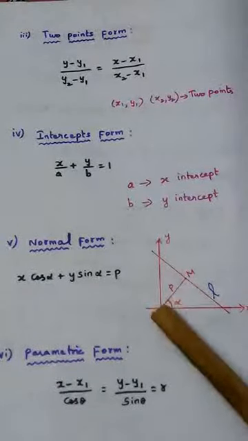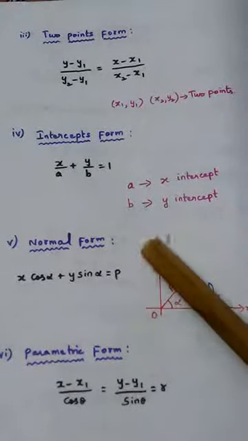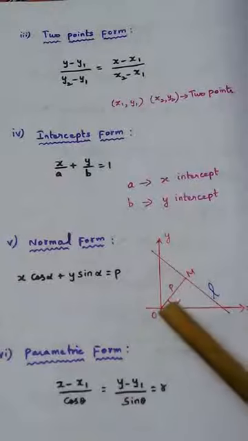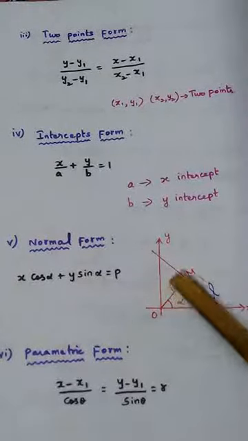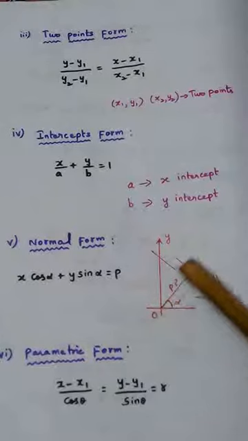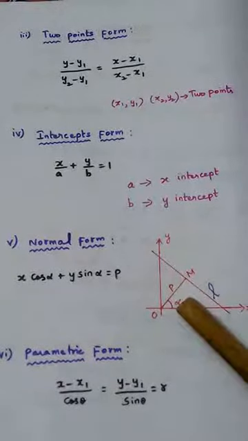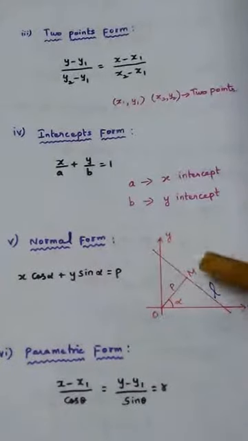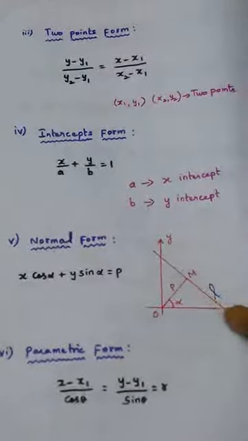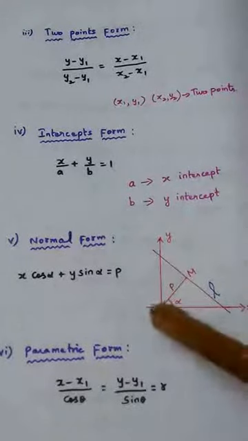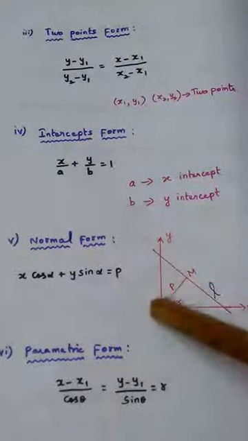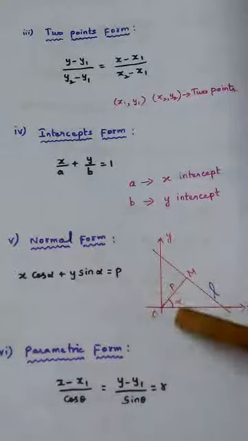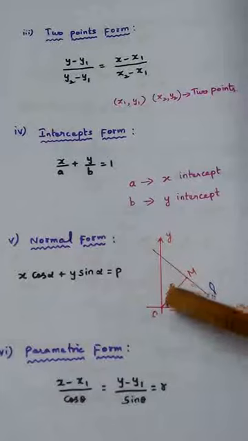I am drawing a perpendicular to the line L, and it meets the line at the point M. And if the distance between O and M is given by p, and that perpendicular line makes an angle alpha with x-axis. Try to understand what I am telling. This is the line that we are going to find the equation for. What is OM? It is the perpendicular drawn from the origin. What is p? Distance of OM. What is alpha? Angle made by this perpendicular with x-axis.